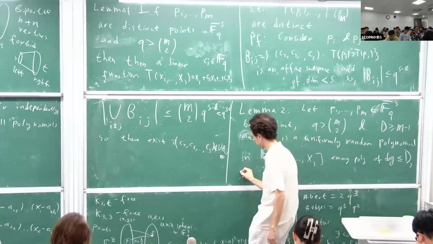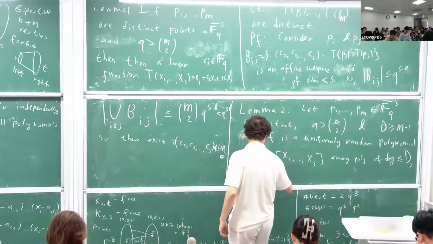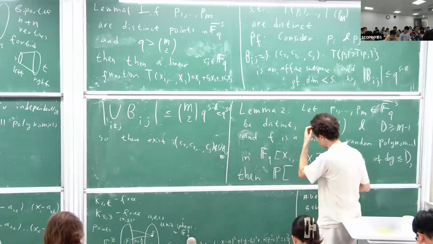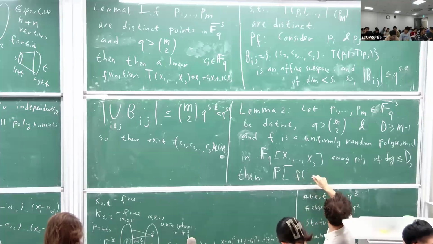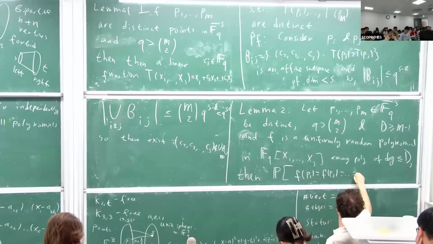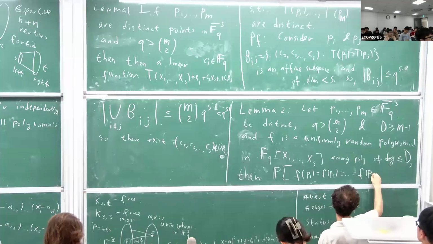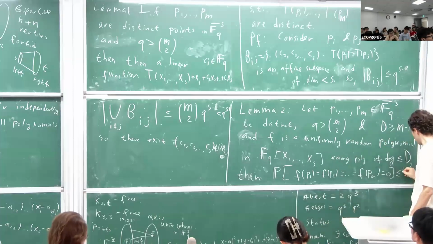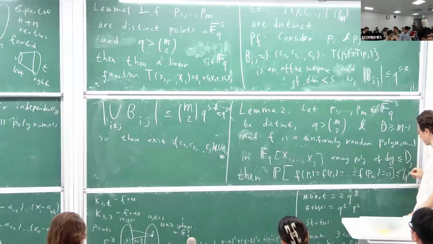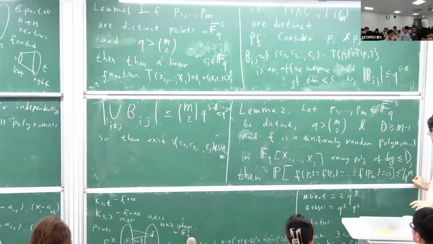Then the probability that this polynomial vanishes at all of those points is rather small. So F vanishes at P1, vanishes at P2, through Pm, is at most 1 over Q to the M. Okay. Let me maybe say a couple of words about the statement of this lemma.